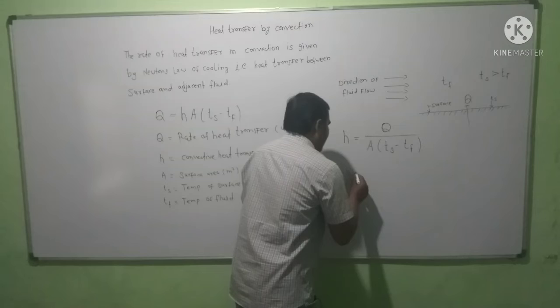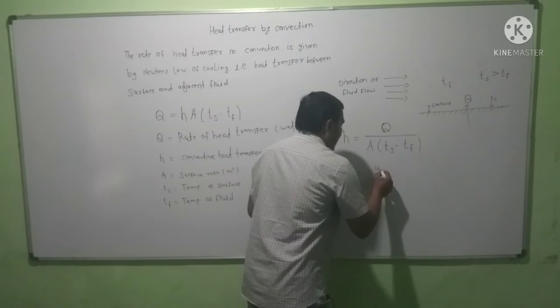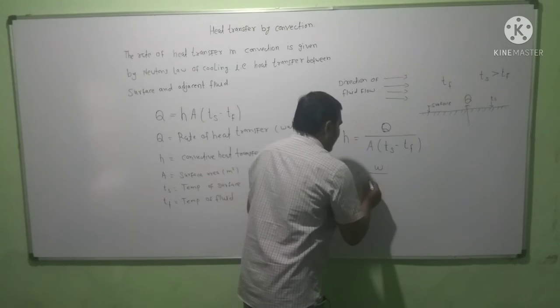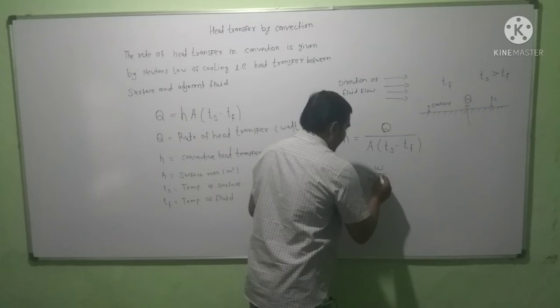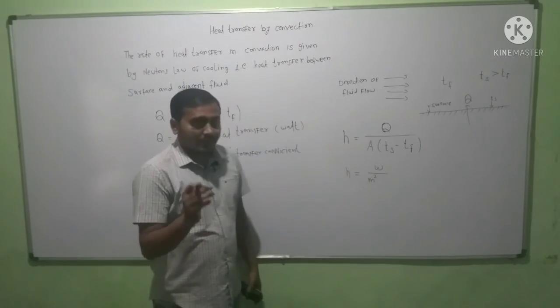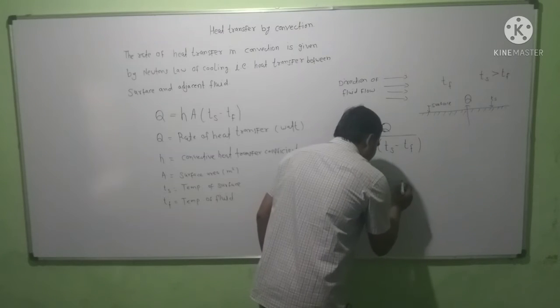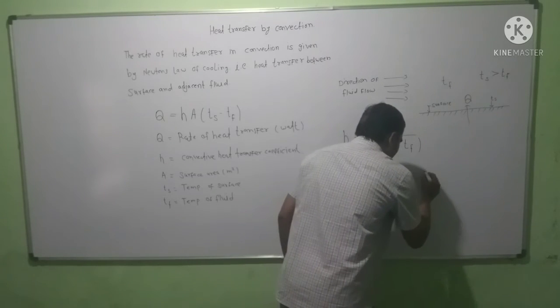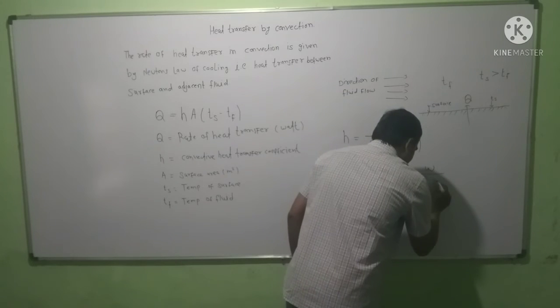H is the convective heat transfer coefficient. Rate of heat transfer is measured in watt. Area is measured in meter square. And temperature difference is measured in degree Celsius or Kelvin, so this can be written as watt per meter square Kelvin.